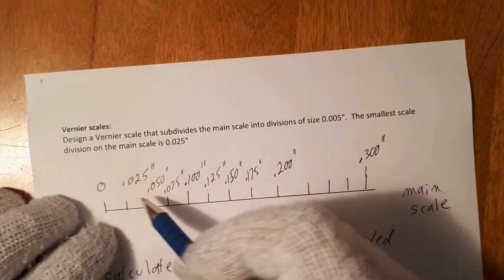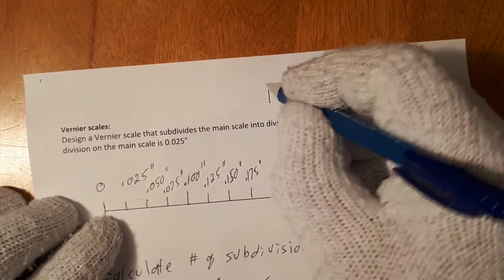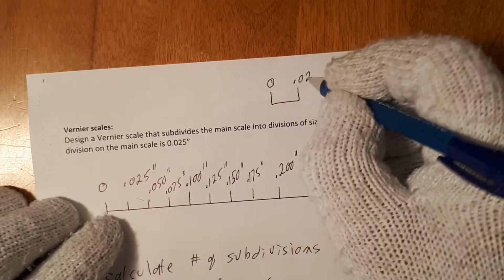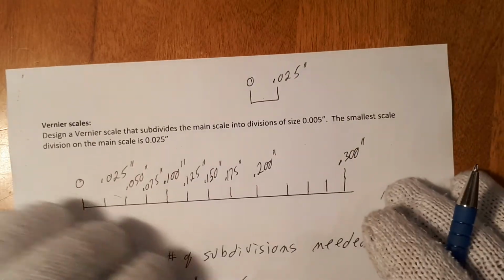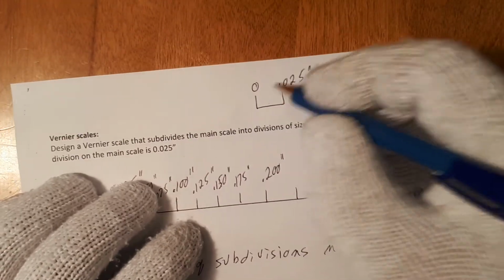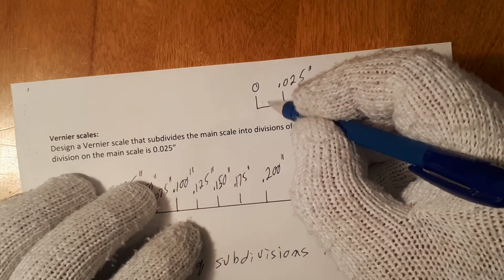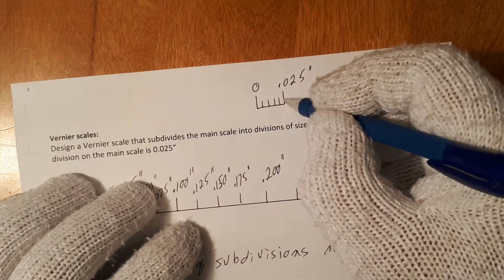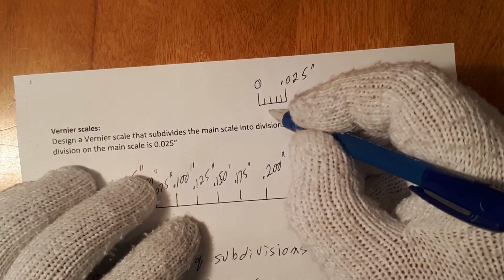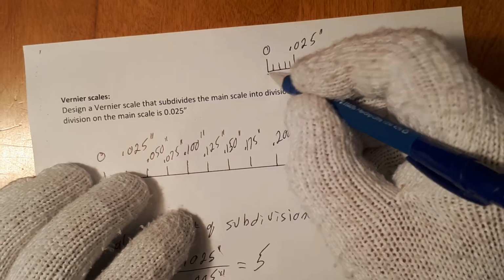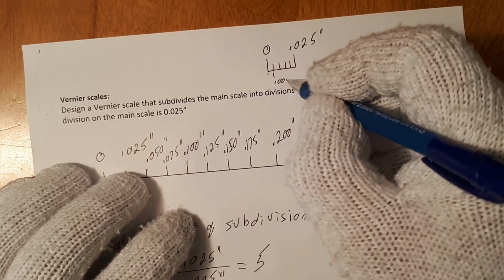Well, let's do that over here. I'm going to reproduce this up here. There's 0. There is 25,000ths of 1 inch. And I just calculated I have to divide that into 5 even segments. 1, 2, 3, 4, 1, 2, 3, 4, 5 even segments. Each one of them ought to have a value of 5,000ths of 1 inch. From there to there should be 0.005.